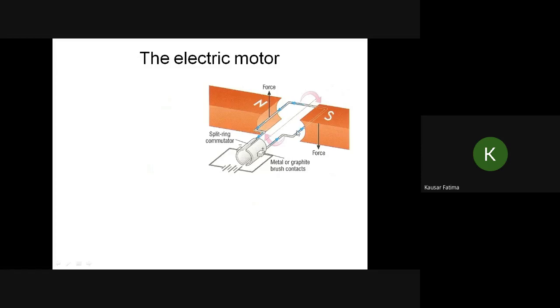Okay, so here force upwards and this side is experiencing force in the downward direction. Okay, and the rest of the part of the DC motor, electric motor, these things we will study later. Here I am only talking about the coil. The coil will experience force in such a way that will produce clockwise rotation. That is, this side will experience force downwards and this side will experience force upwards. So both the forces will be producing the turning effect in one direction.